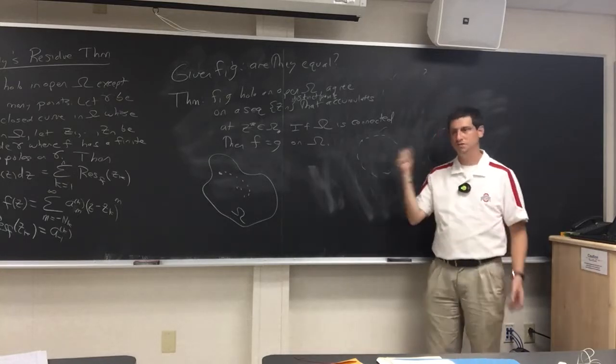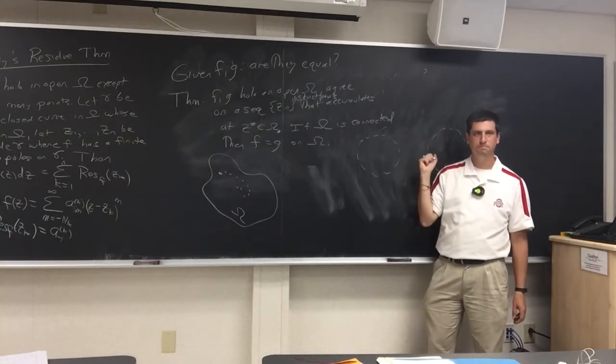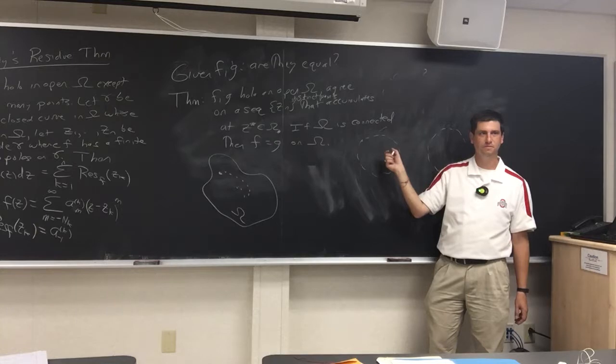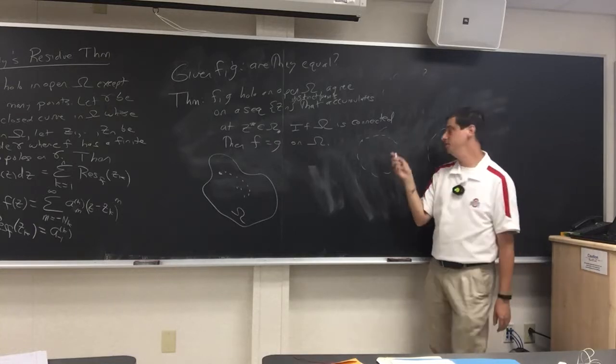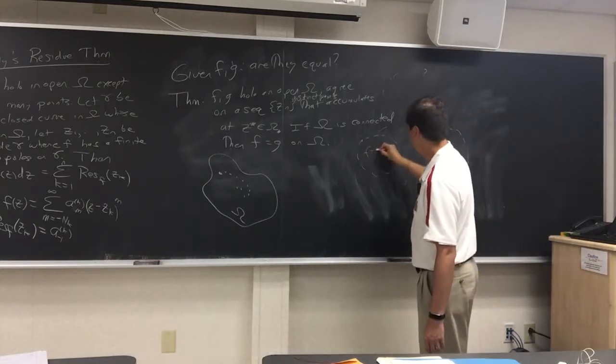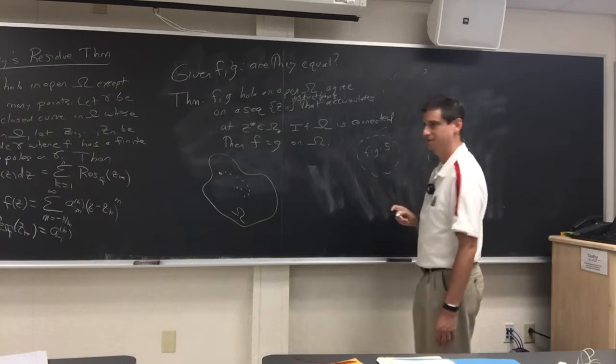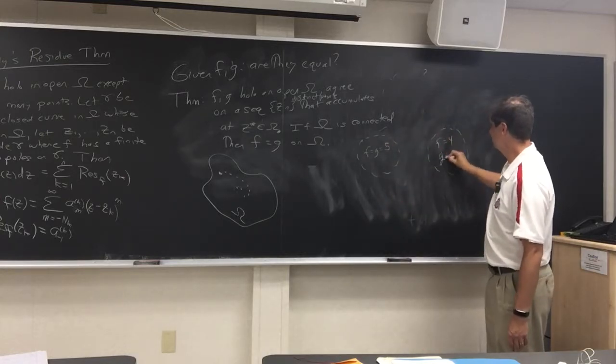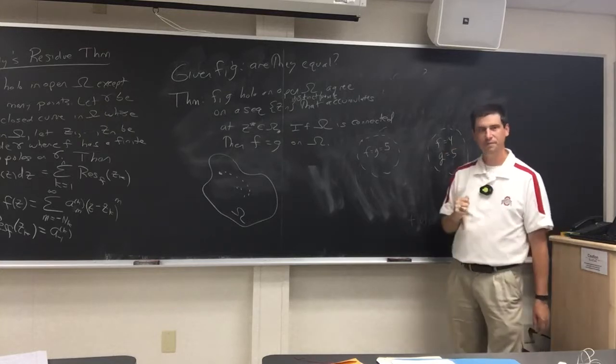So I have two disks. What should I have f and g equal on this disk? Constant function. Let's say f equals g equals 5. And over here, let's take f equals 4 and g equals 5.